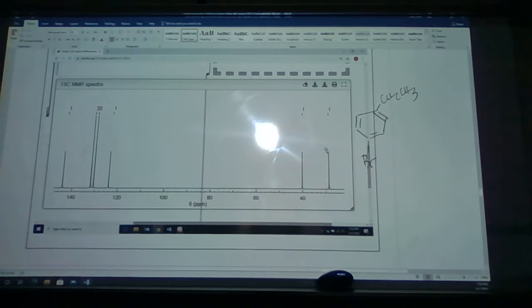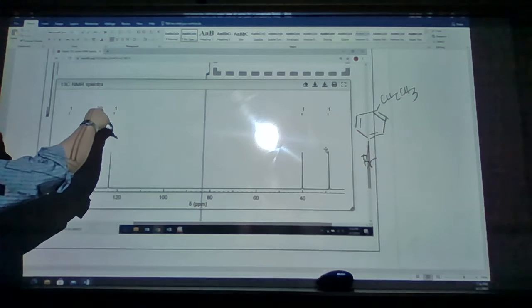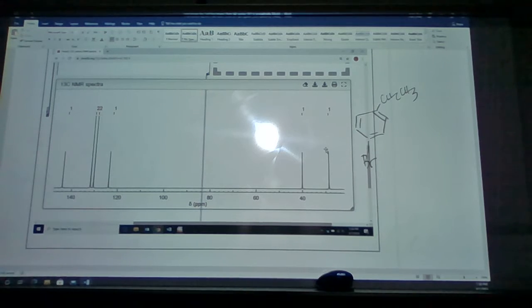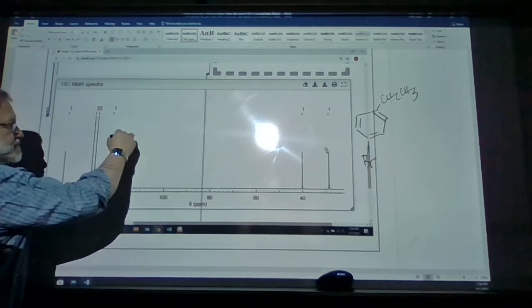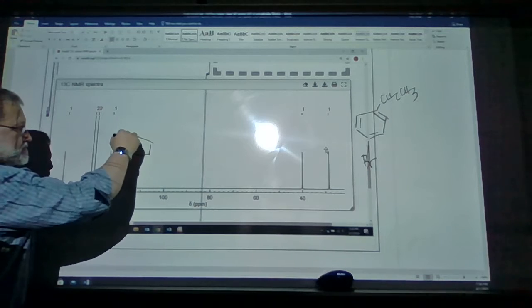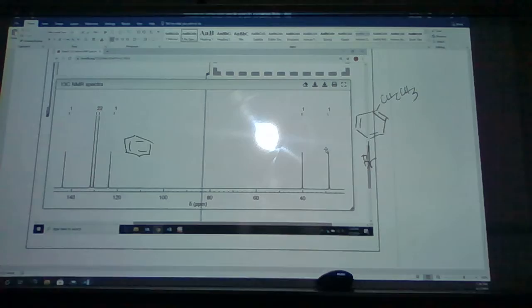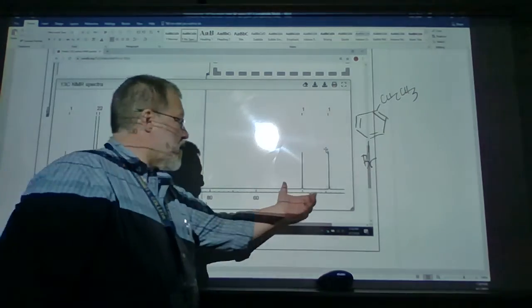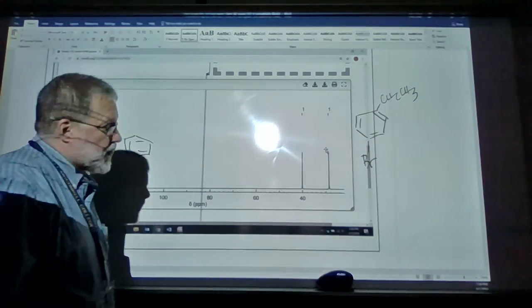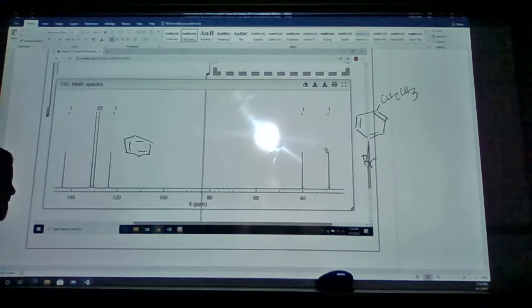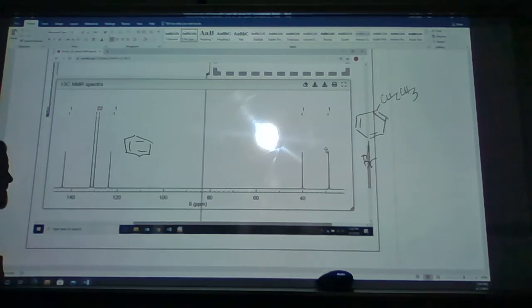These in the 120 to about 140, 150, these are your aromatic carbons. We have 1, 2, 3, 4, 5, 6. These carbons down about 40 and about 29 are your CH2, CH3.